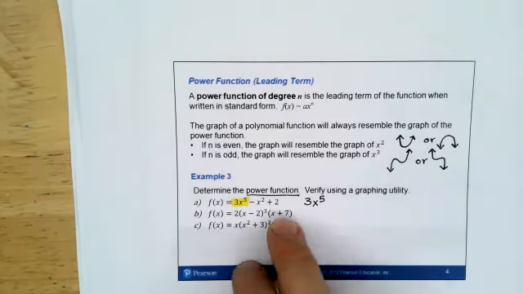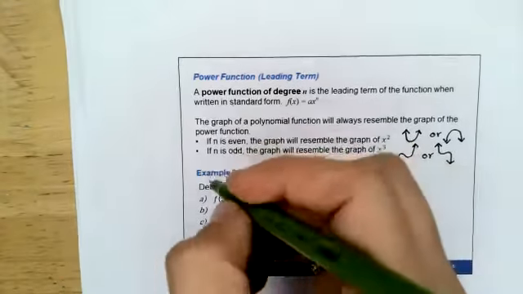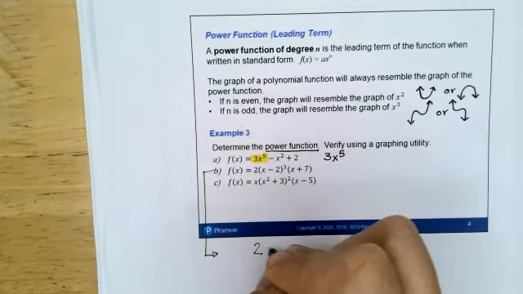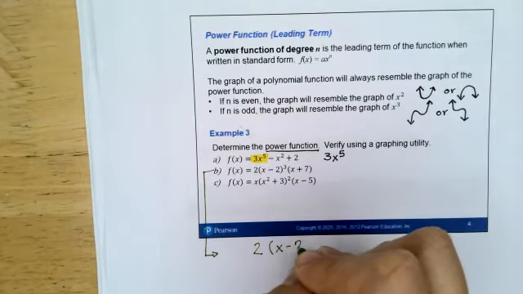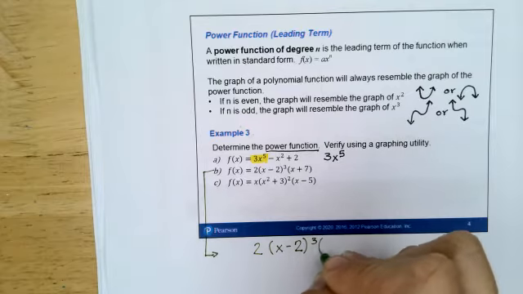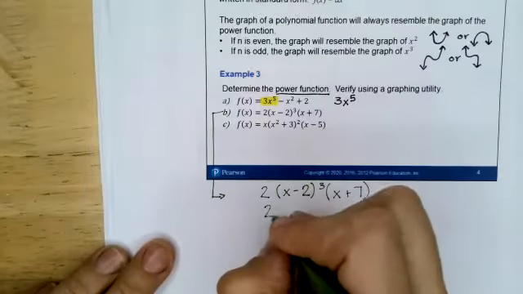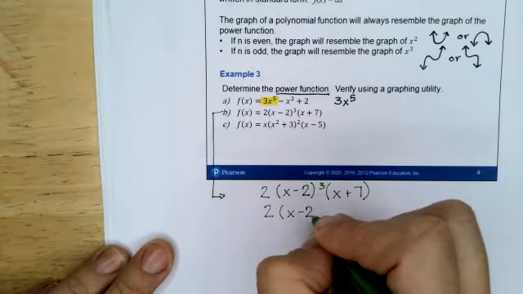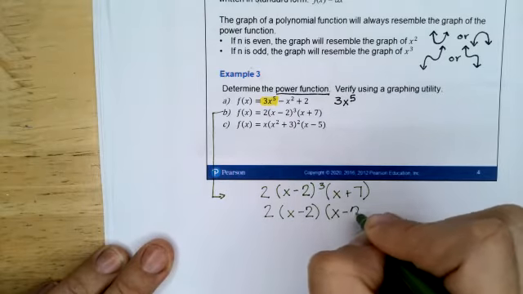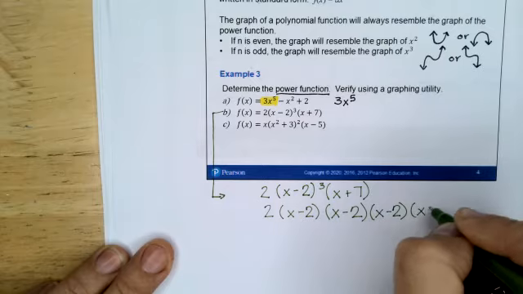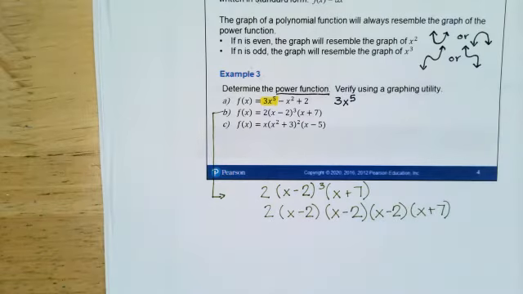It's not in standard form. You're welcome to take it and work it all out to put it into standard form. 2 times x minus 2 cubed times x plus 7. And writing that as 2 times x minus 2 times x minus 2 times x minus 2 times x plus 7 and solving that, right?